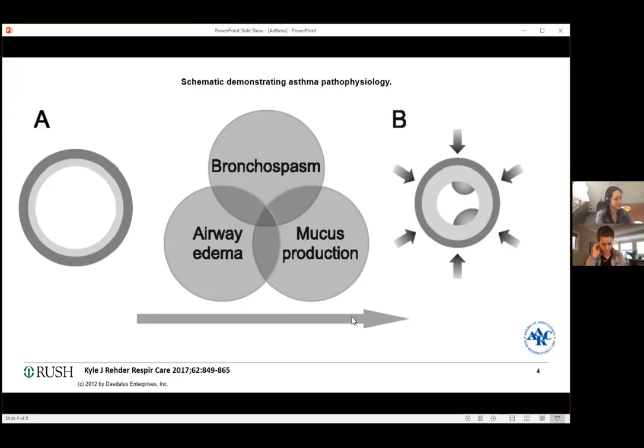Okay, good. And so, Dr. Chen, when you see patients with asthma, how do they present? What are their signs and symptoms? So patients can present on a huge spectrum. It depends on whether you're talking about a patient who presents in an acute exacerbation of asthma. Why don't I talk about that first?